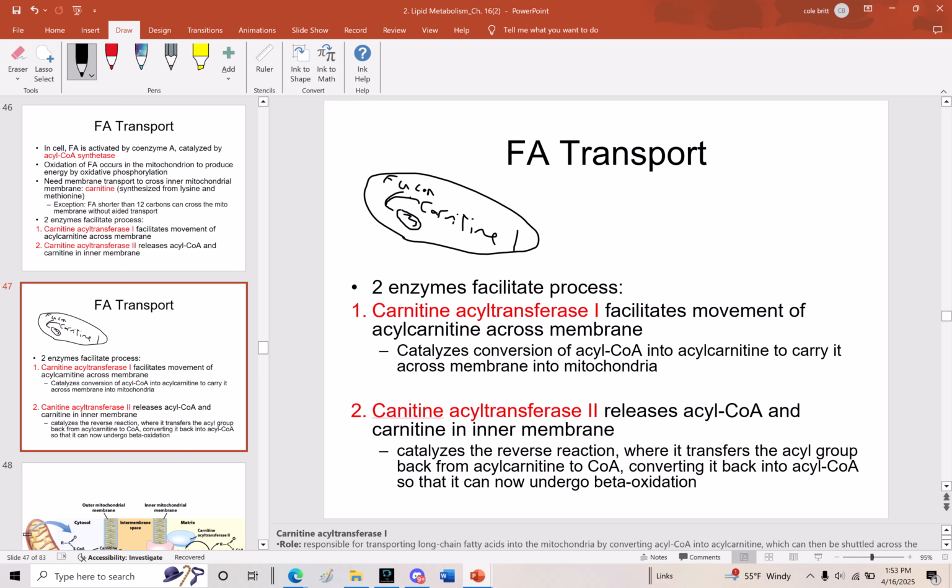So carnitine acyltransferase 1 gets rid of the CoA and adds a carnitine, and carnitine acyltransferase 2 gets rid of the carnitine and adds back the CoA. Ultimately we're back to an acyl-CoA, which is another way of saying fatty acid CoA. Either way works, same thing.